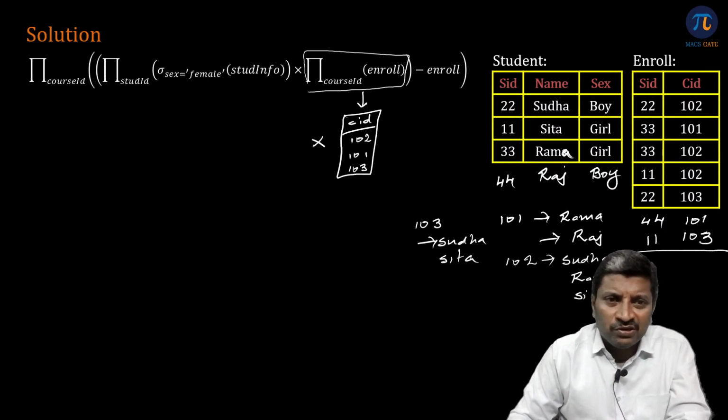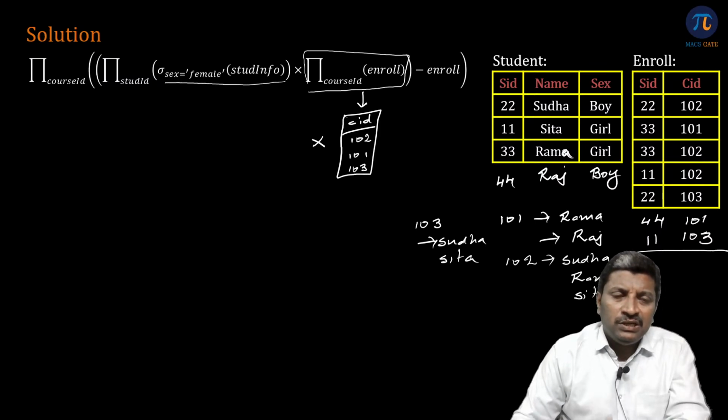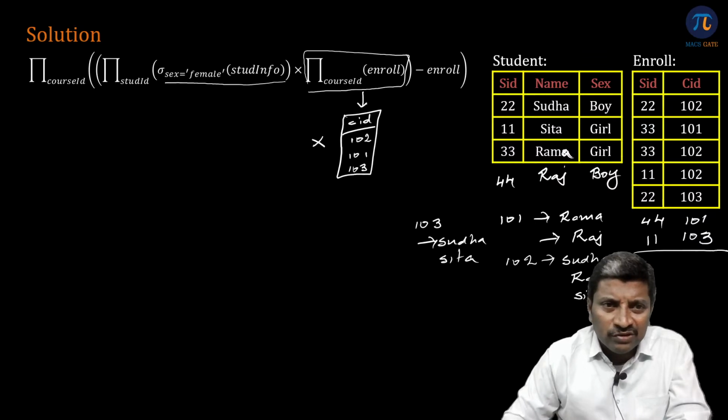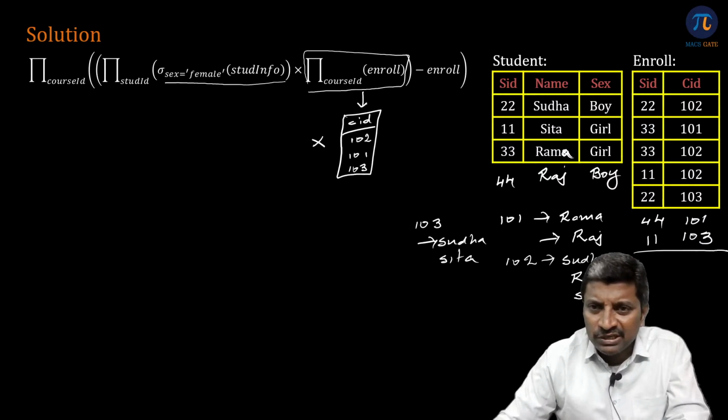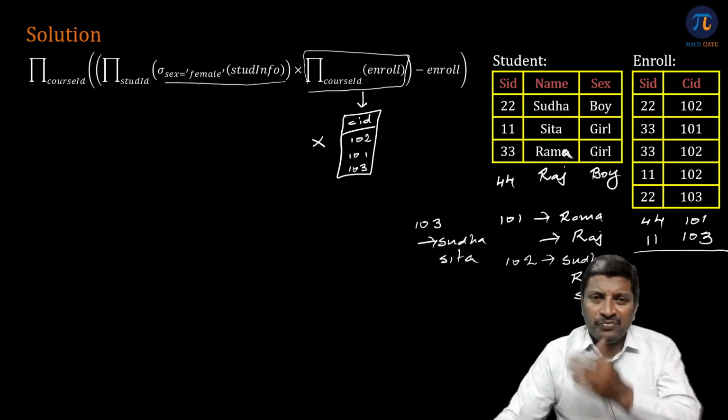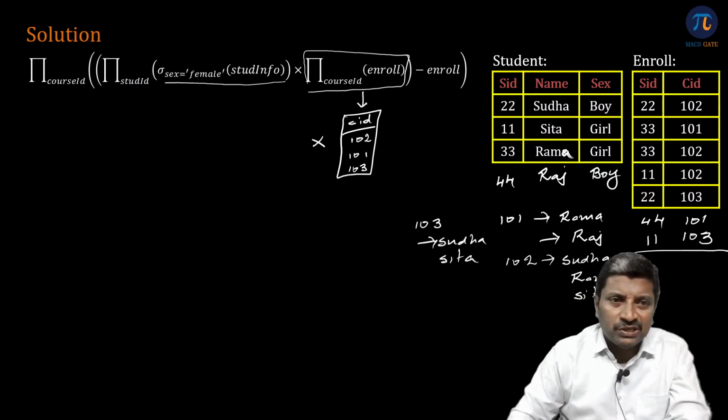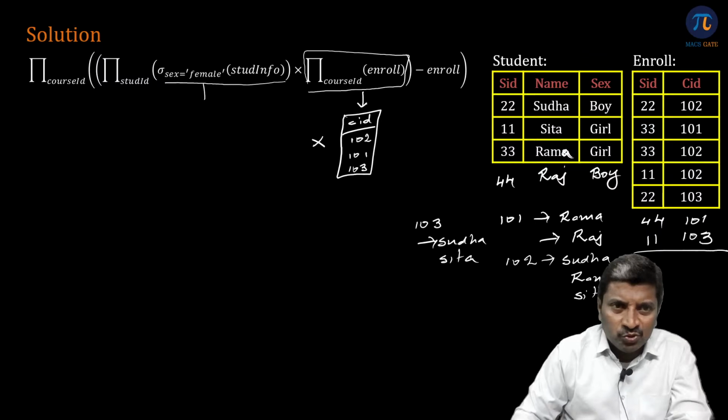Then cross product of, from student information, I need female students. Who are the female students? Sita, Rama. So these are the 2 girl students. From that also I need only IDs. That means up to here I will get all the girls. But I need only IDs.